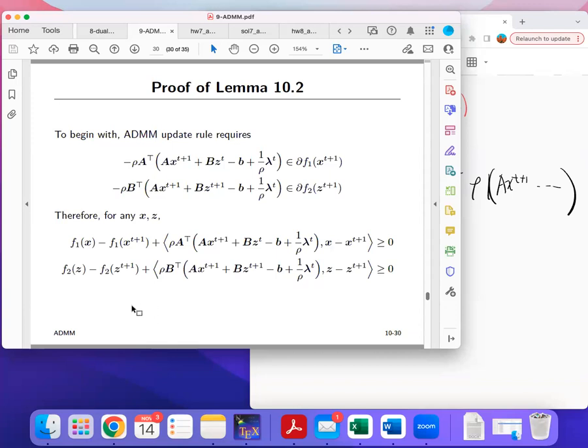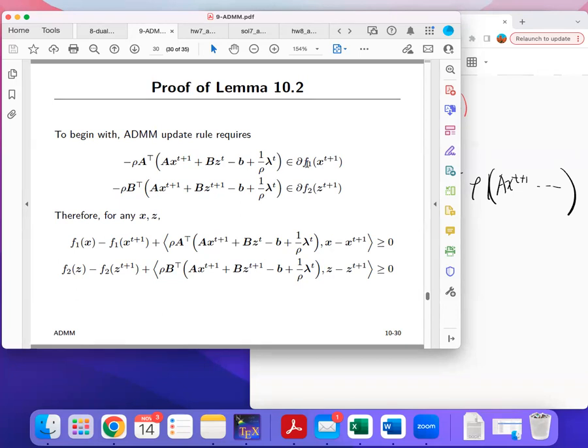But you can see that the big picture is pretty simple. You start from the automatic condition of the first two lines of the algorithm. This is some information that we have been utilizing all the way in all the convergence analysis.